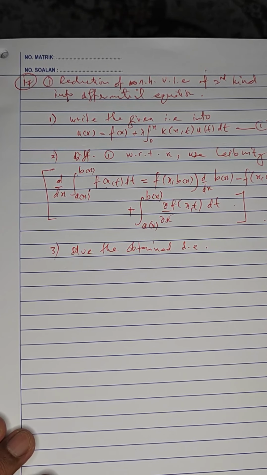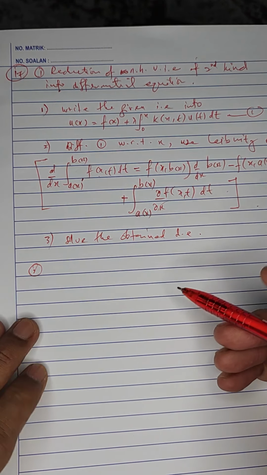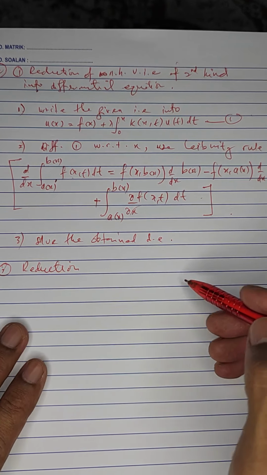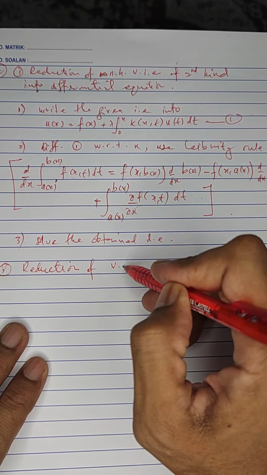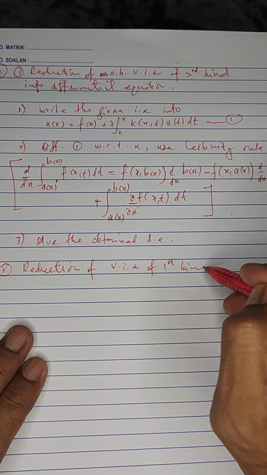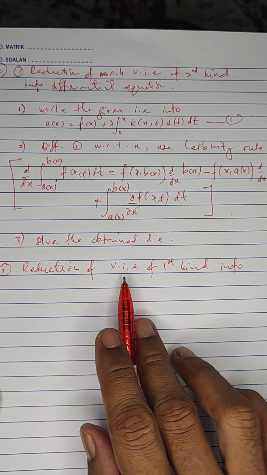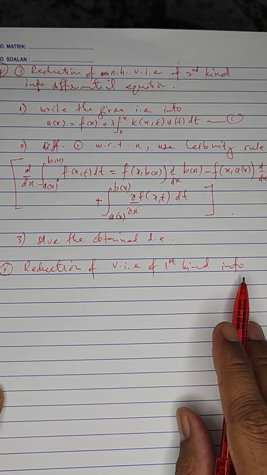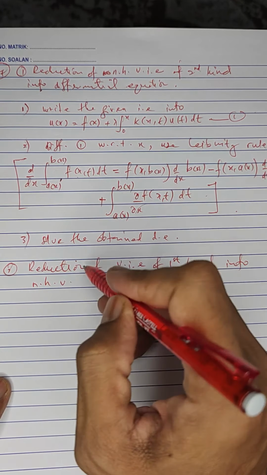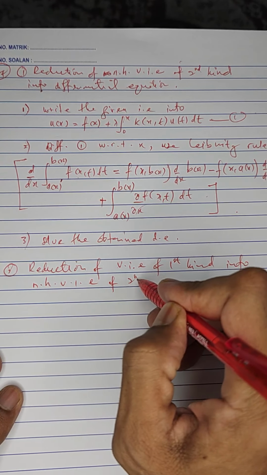Now the second problem is the reduction of the Volterra integral equation of the first kind into the non-homogeneous Volterra integral equation of the second kind.